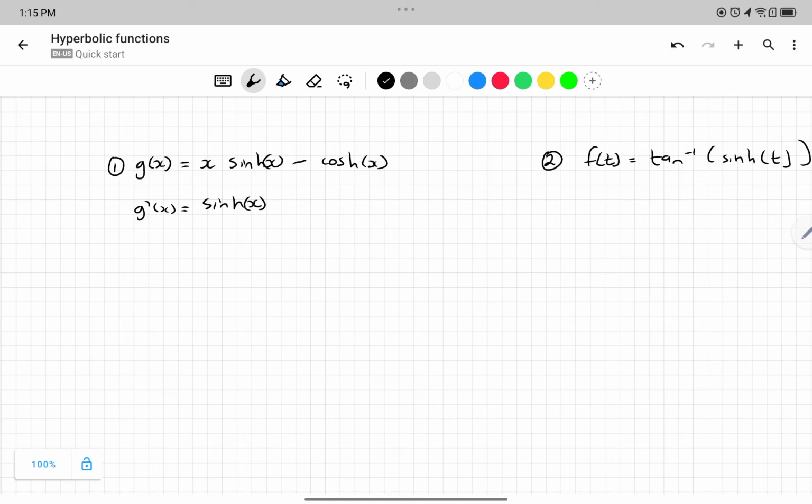And then we add, keep the first one the same, and derive hyperbolic sine x, which is hyperbolic cosine x, minus the derivative of hyperbolic cosine x, which is hyperbolic sine x. So x sine hyperbolic x minus x sine hyperbolic x gives me 0. So therefore g prime of x is equals to x hyperbolic x.